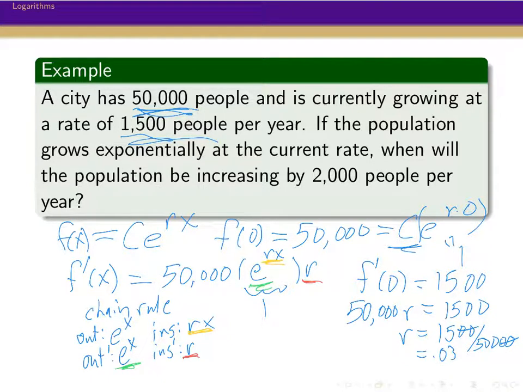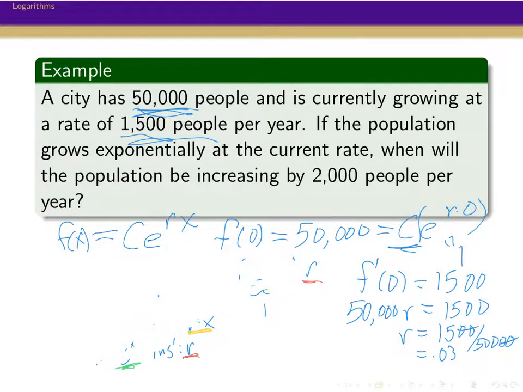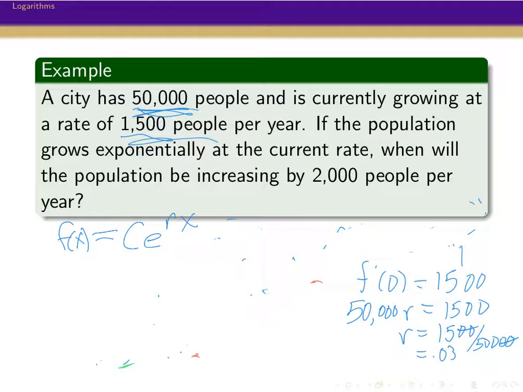So let me delete all of this. Okay, so our function is 50,000 e to the 0.03x. R is 0.03.